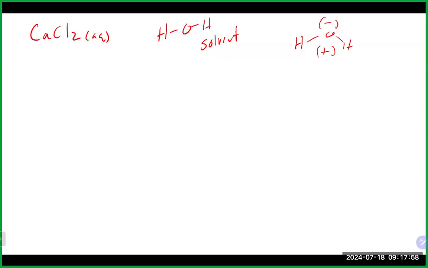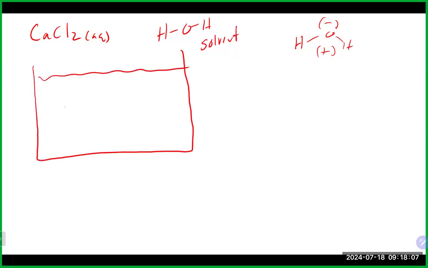So when you dissolve calcium chloride in water and it looks like it all disappears, what is actually happening is your calcium ions get surrounded by water's negative side, which is the oxygen side.